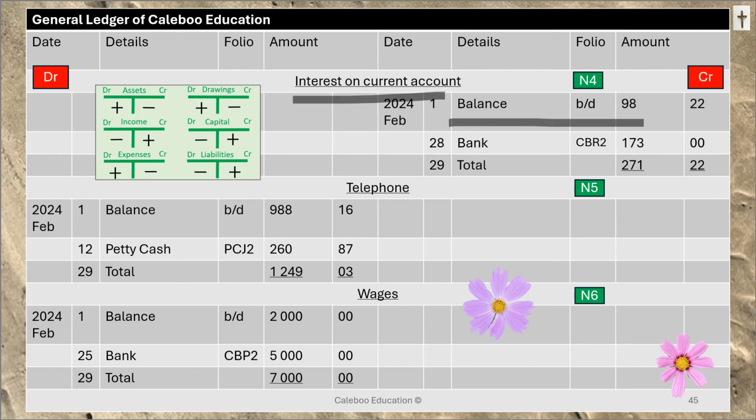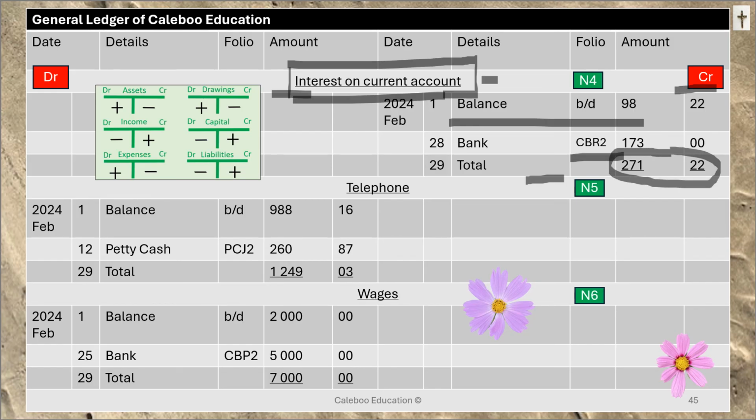Now, in the nominal accounts section, where we look at the income and expense accounts, we will have the balances brought down and those transactions which relate to the individual general ledger accounts, in this case the interest on current account. Now if there are entries only on one side, as in this account, interest on current account only has entries on the credit side, we can total the transactions.